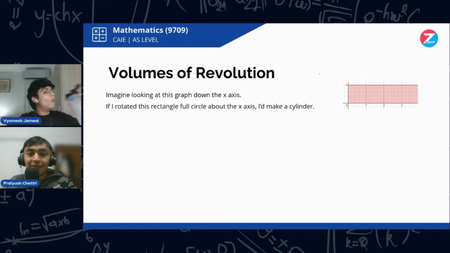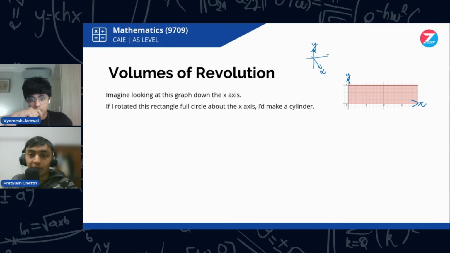Look at this graph down the x-axis. This is the y. This is the x. Imagine 3D space. This is x. This is y. Let's ignore this axis for a second, that's just for reference. My eyeball is looking down the x-axis, and I rotate this rectangle about the x-axis.